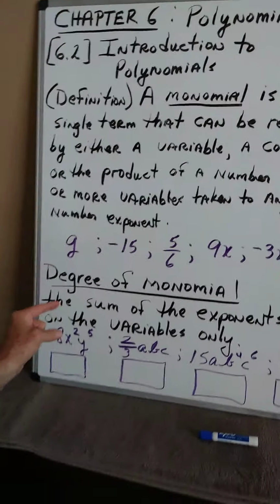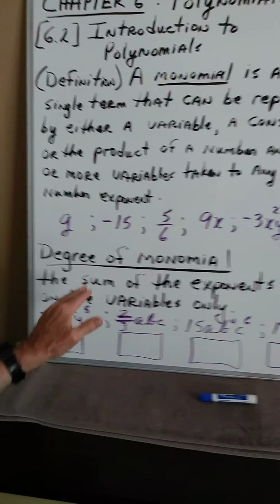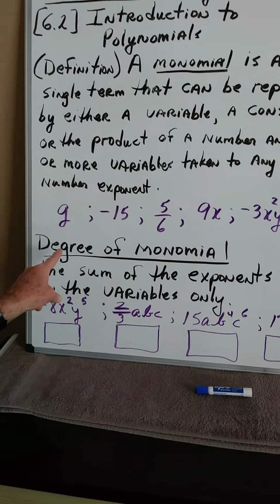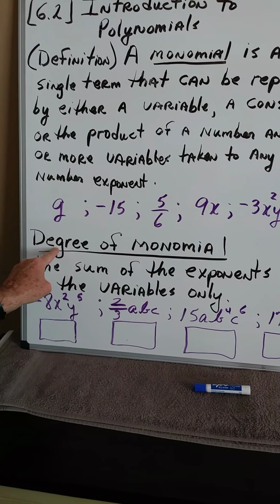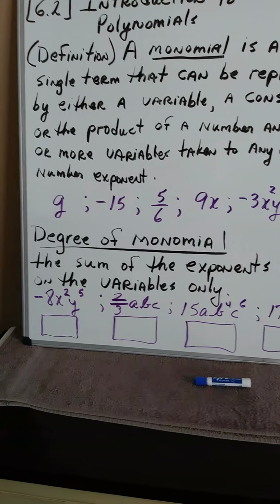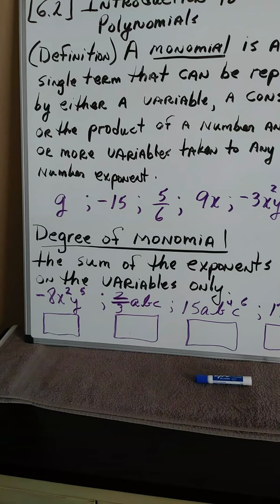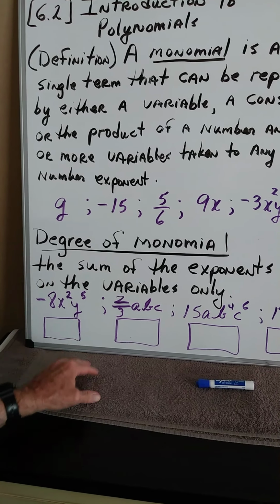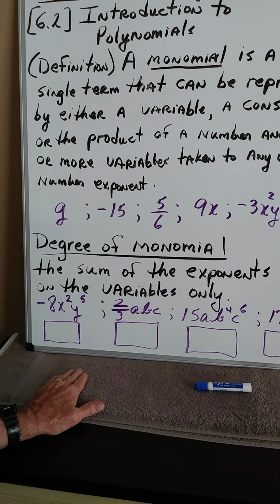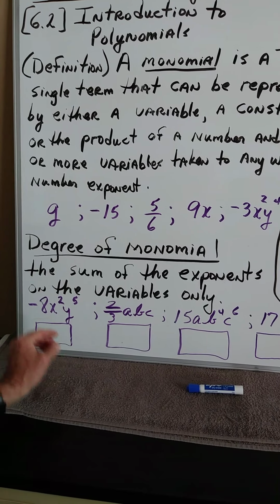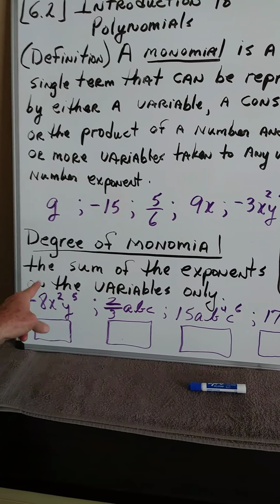Now, one key characteristic that monomials have is what's referred to as degree. Not the same type of degree as the temperature outside today, not the same type of degree that we would speak to for the measure of an angle. Monomials have degree. Here's what the degree of a monomial is.